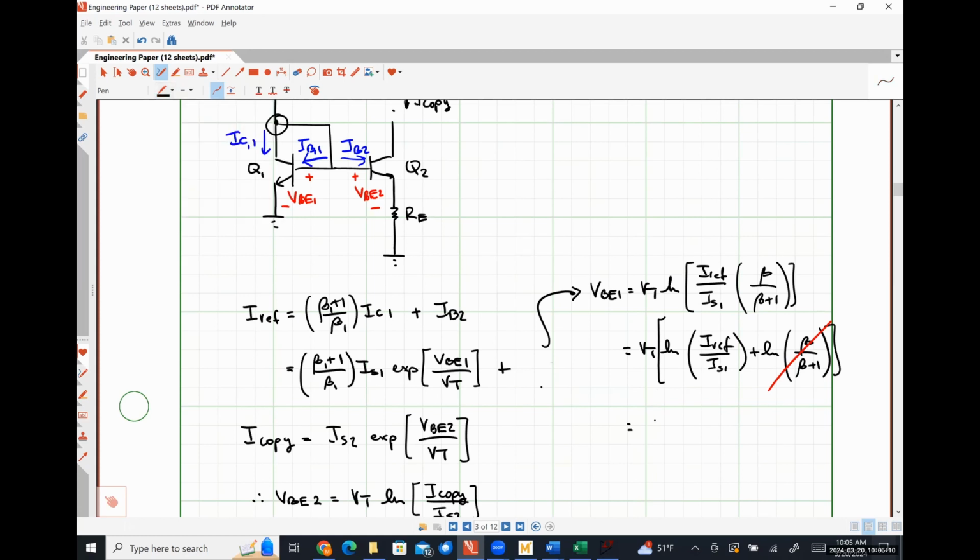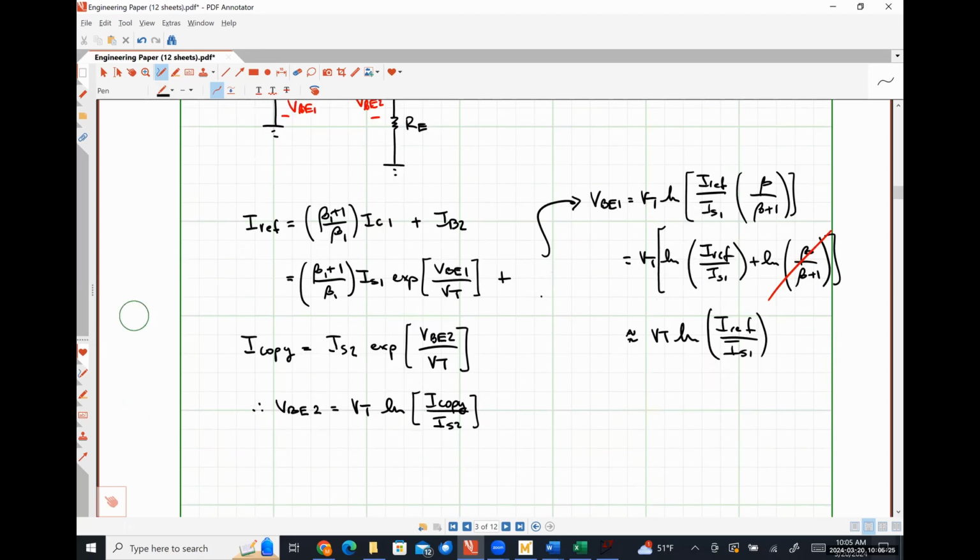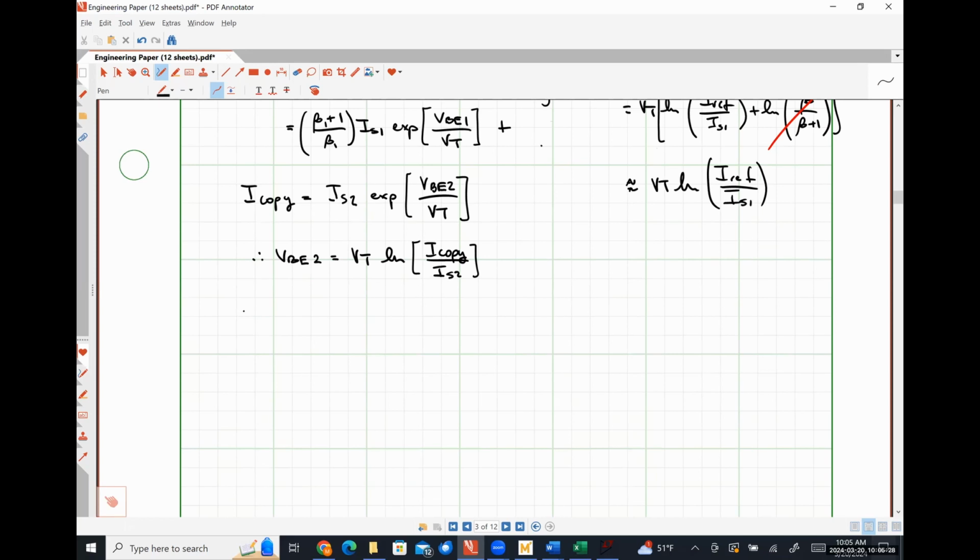And we're left with VBE1 is approximately equal to VT natural log IREF over IS1. So if Q1 and Q2 are matched, IS1 will be equal to IS2, and we'll just call this IS.